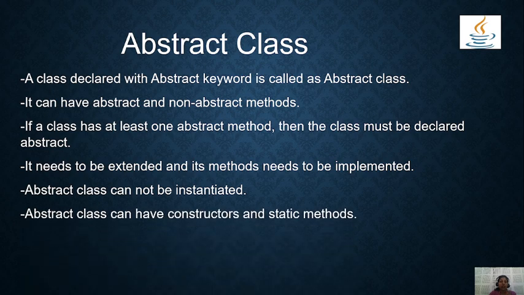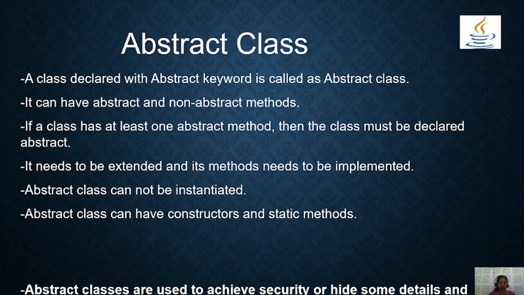You may wonder what the use of that is. We will see in the next slides also. An abstract class can have constructors, but it cannot be instantiated. Abstract classes can have constructors and static methods also.